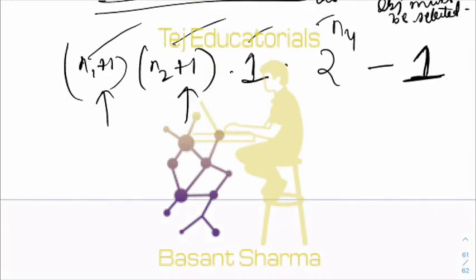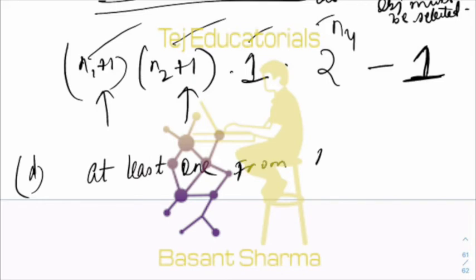Now, part D: selecting at least one from B3. If I want to select at least one from B3, from B1 it can happen that I don't select anything, so n1 plus 1, at least 0 objects.